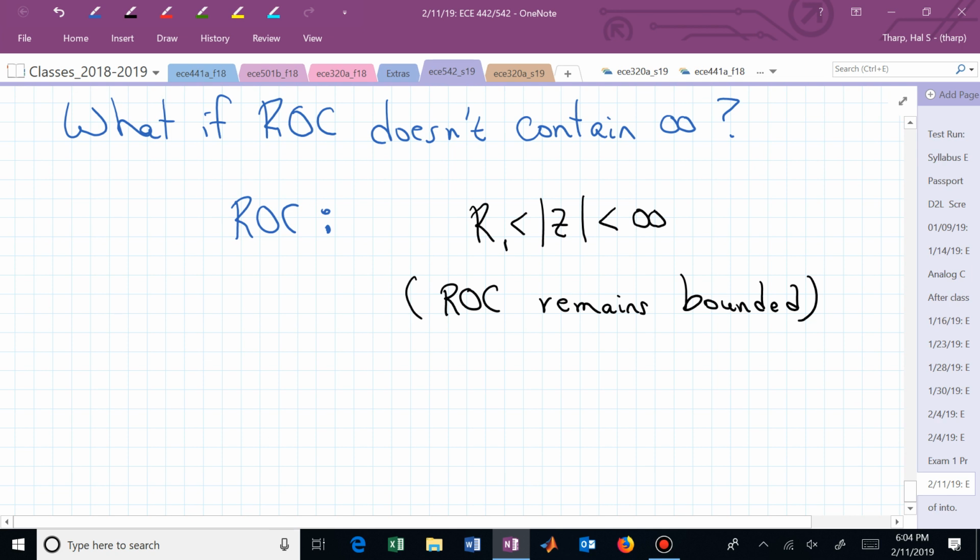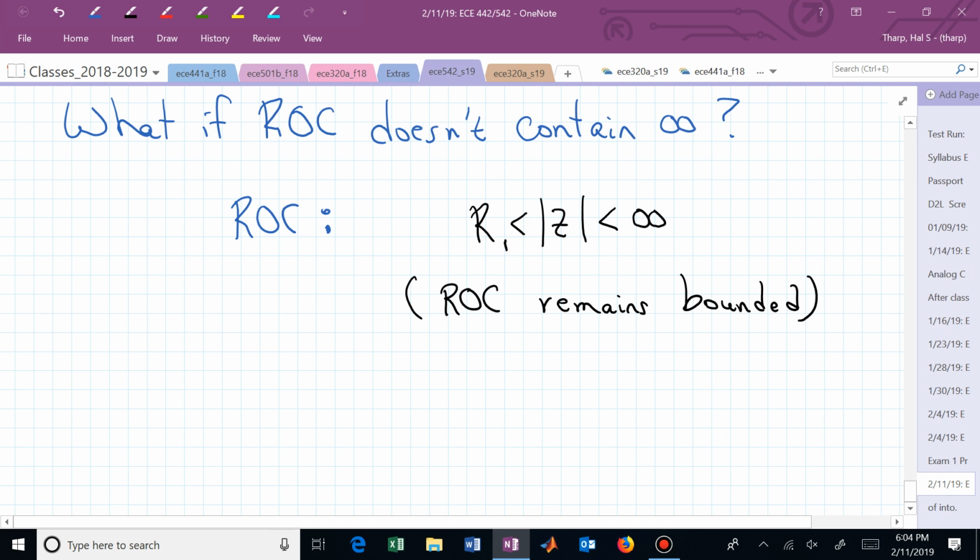When it went off to infinity, what did this time sequence look like? Or what did little x of n do? What was it behavior-wise? For pattern number 1, was it causal, non-causal, or two-sided? It was causal, wasn't it?